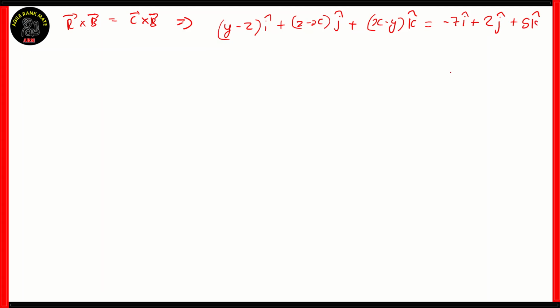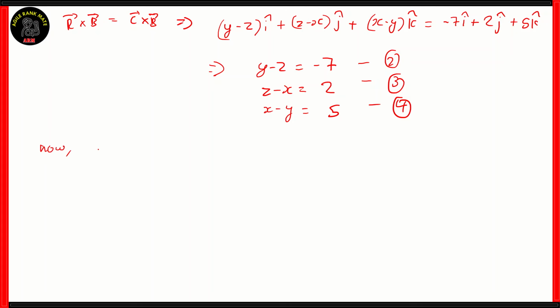Now we're going to equate their coefficients together. So what we're getting is y minus z equals minus 7, z minus x equals 2, x minus y equals 5. So these are going to be equations 2, 3, and 4 respectively.